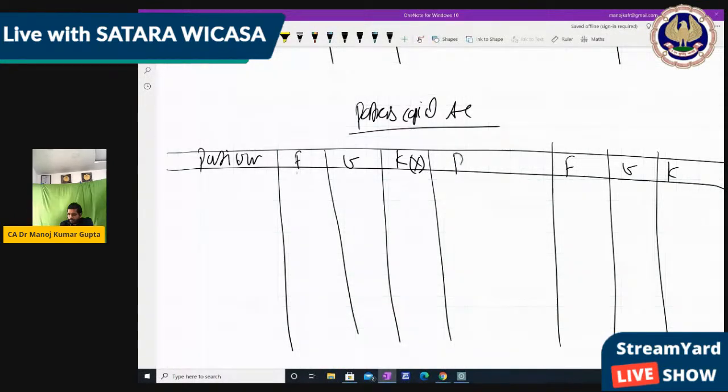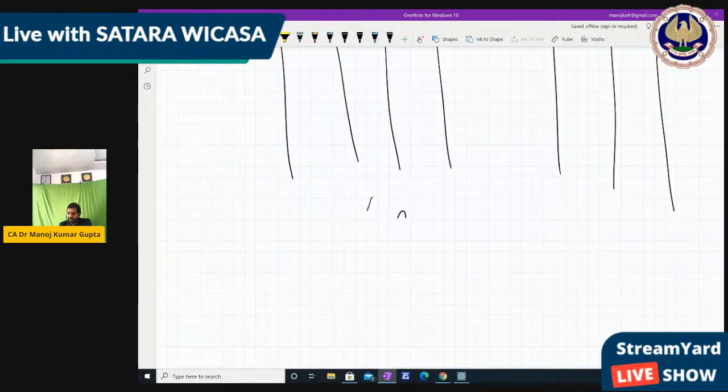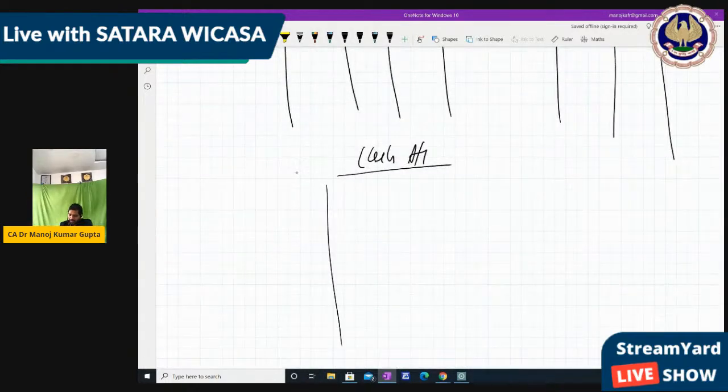Then particulars. Then the cash account, where the opening balance and closing balance are fixed.